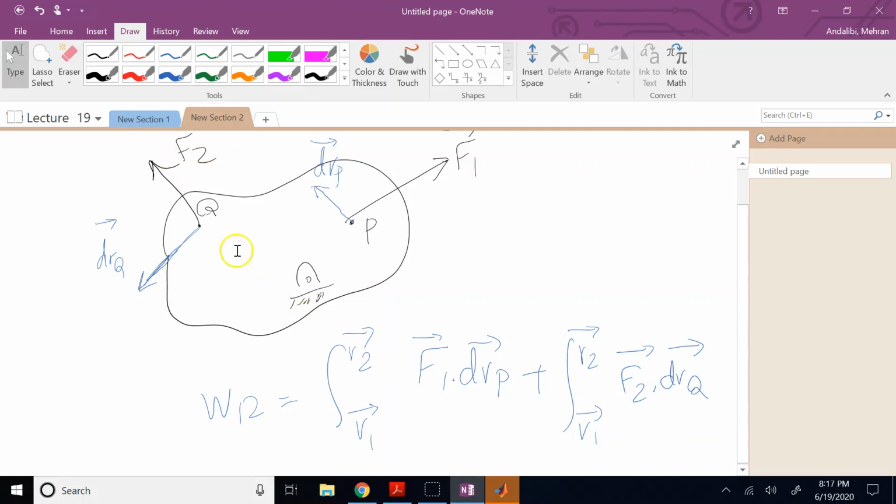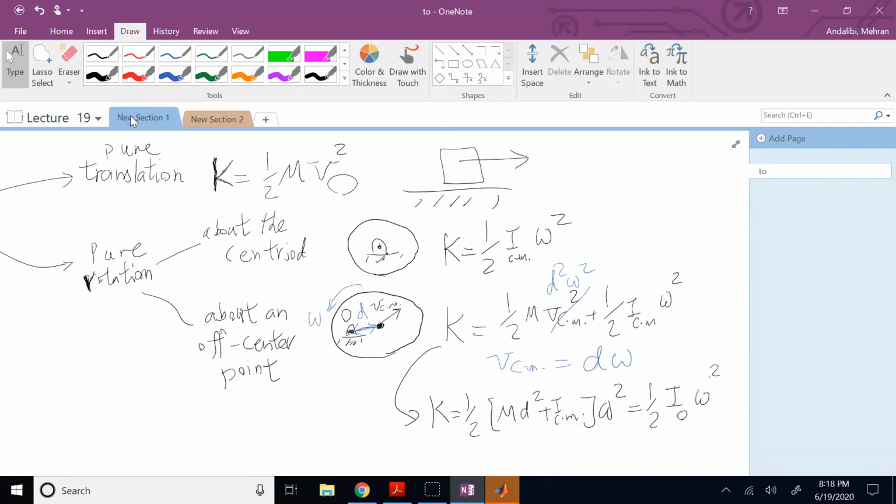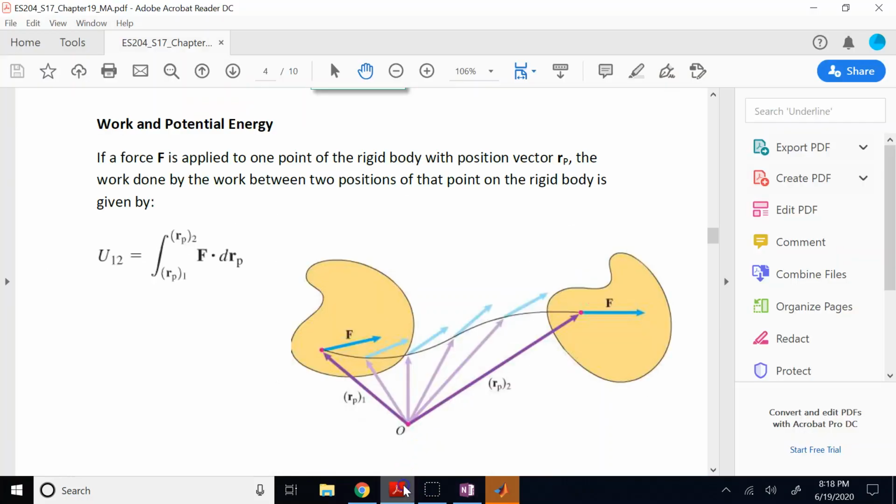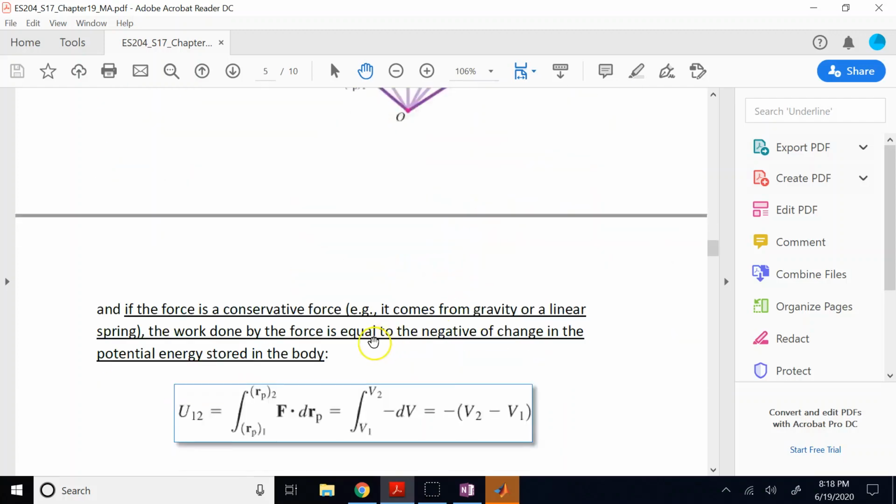So each force is dot producted with the displacement of the point at which it is applied. That's the only difference. Not all of them are applied to the centroid. The only one that is always applied to the centroid is weight. Sometimes if you are pivoting the centroid, then you might have two more reactions, although then if you pivot it, the centroid does not move, so those forces will do nothing.